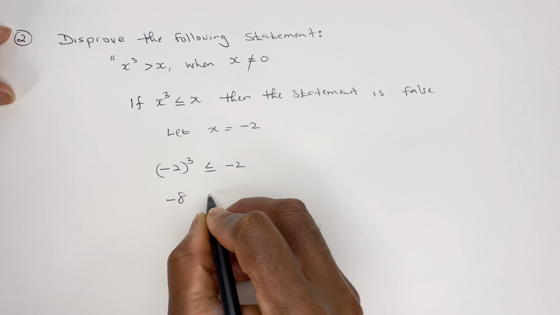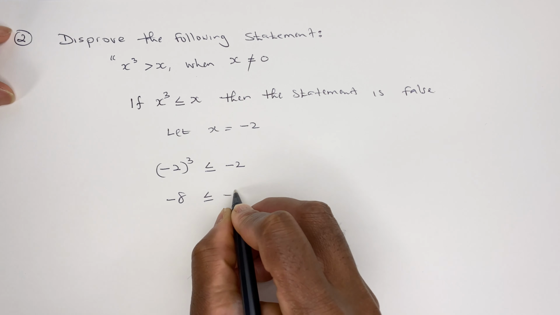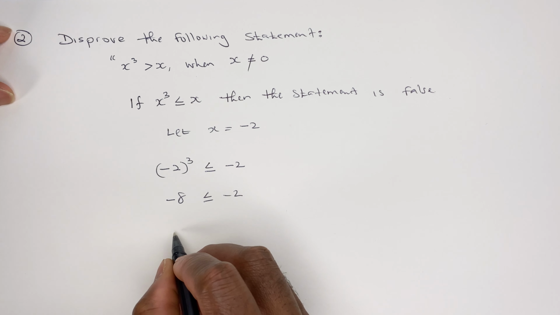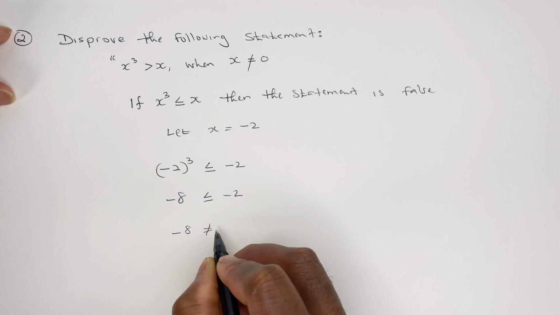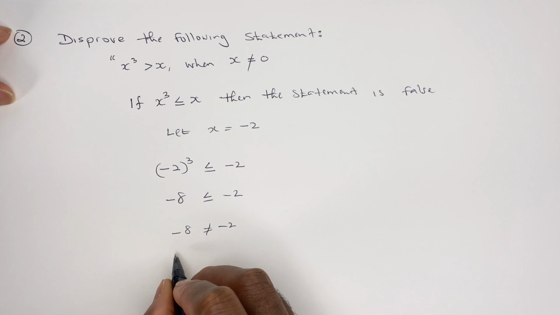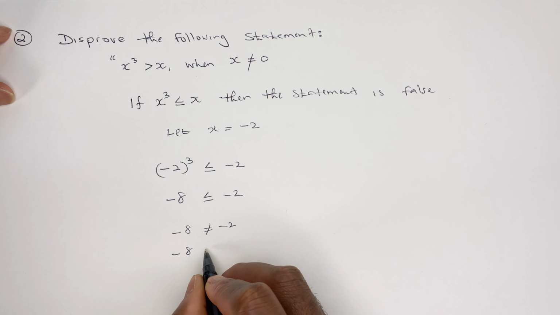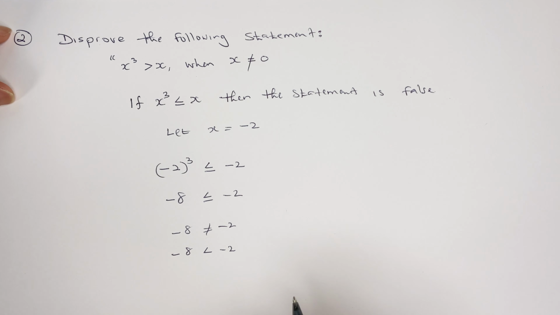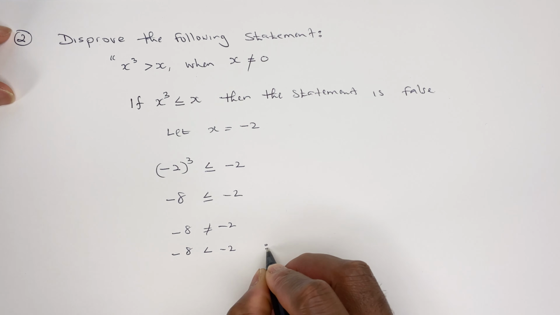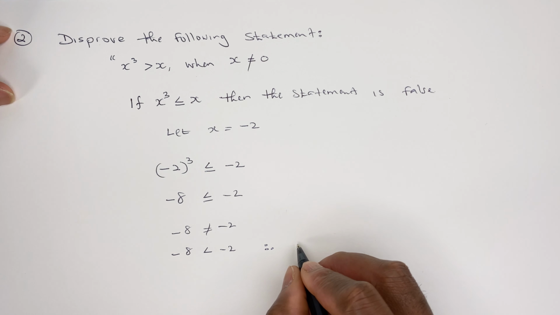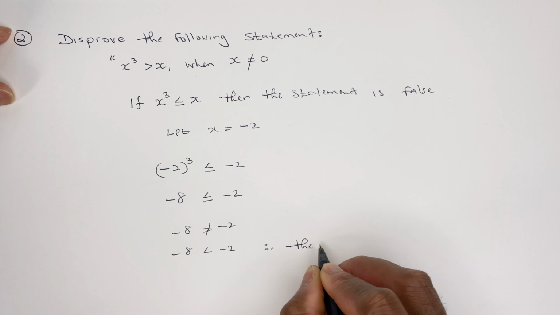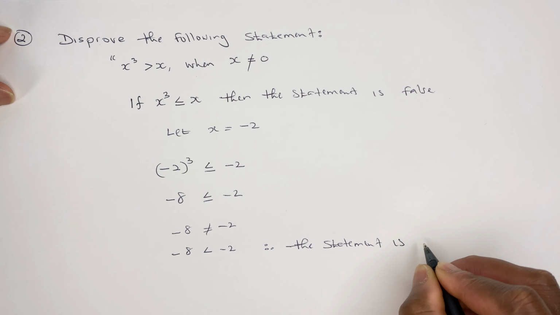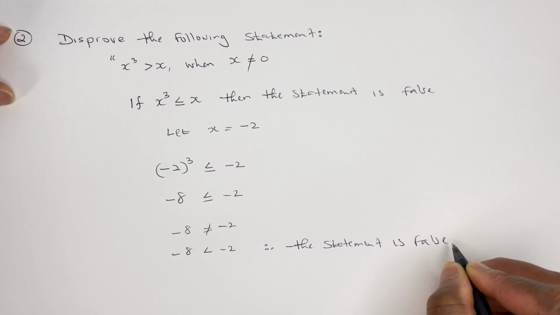So that's minus 8 less than or equal to minus 2. Well, minus 8 is not equal to minus 2, but minus 8 is less than minus 2. Therefore, the statement is false.